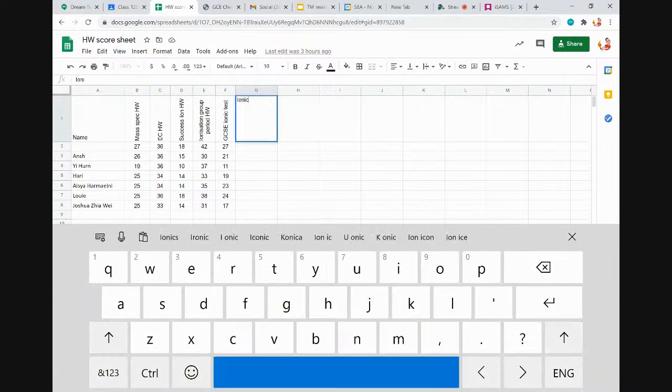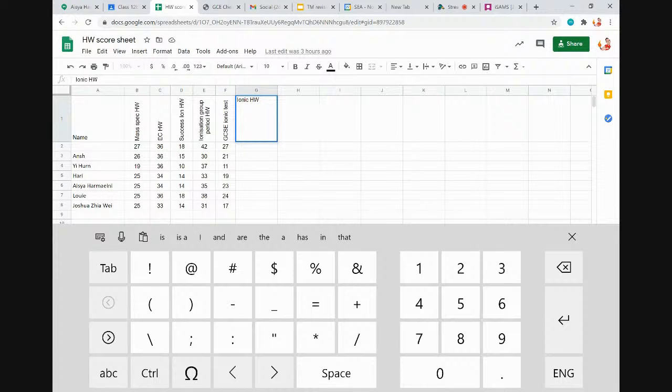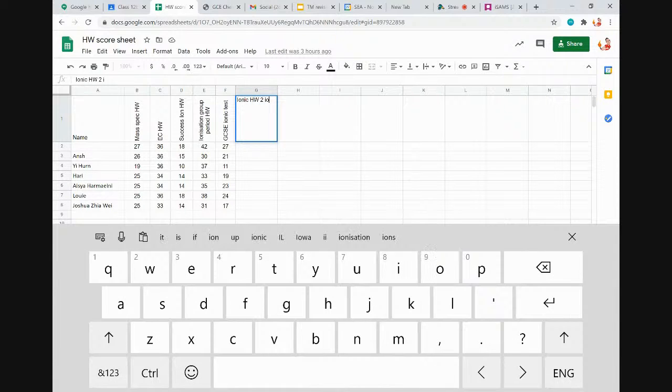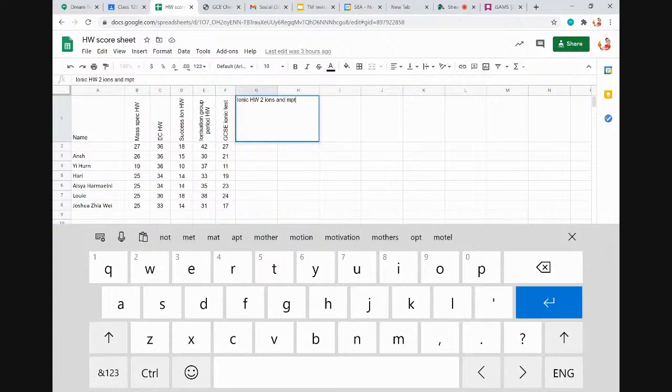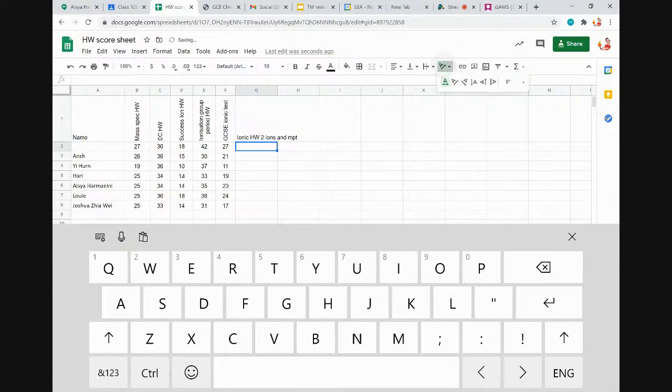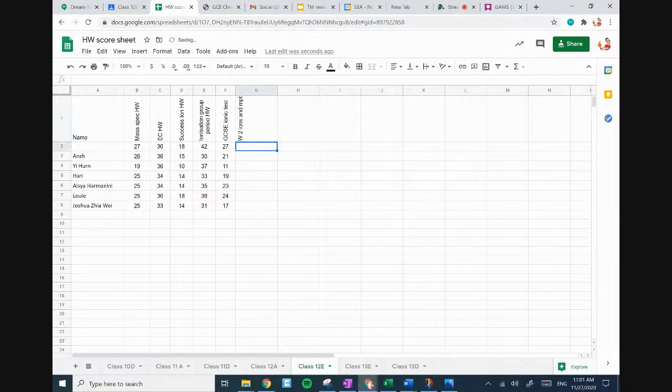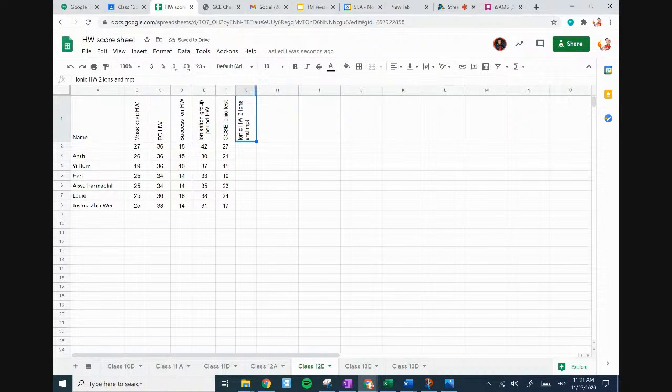Ionic homework 2, ions and MPT. Here we go. I've just made that other one vertical. It's hilarious. I could probably wrap it as well. There we go. Perfect. You can let me know how many it's out of. That'd be grand.